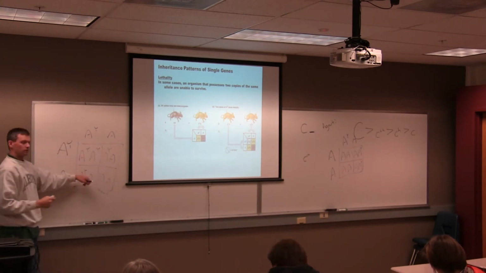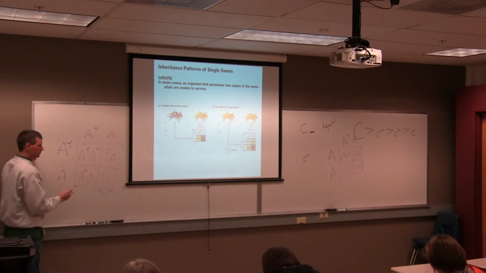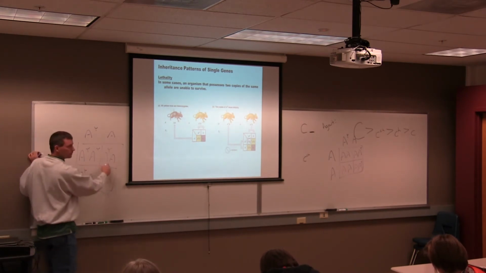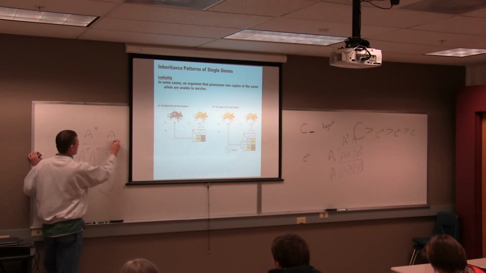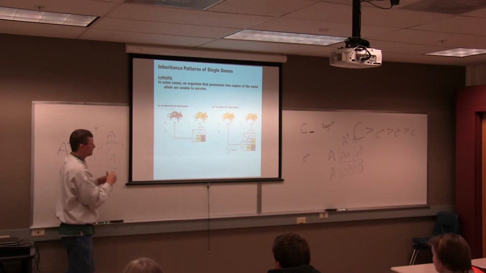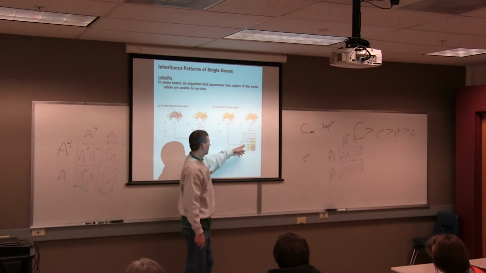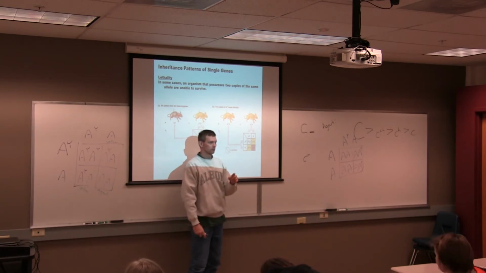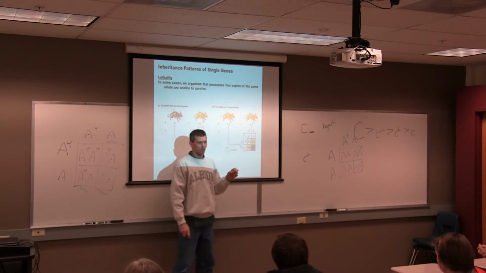What color is this? Yellow. What color is this? Yellow. And this guy's super yellow, right? Or dead. In this case, it's dead. It develops just a little bit in the embryo and then it dies. It doesn't survive. It's a lethal combination.